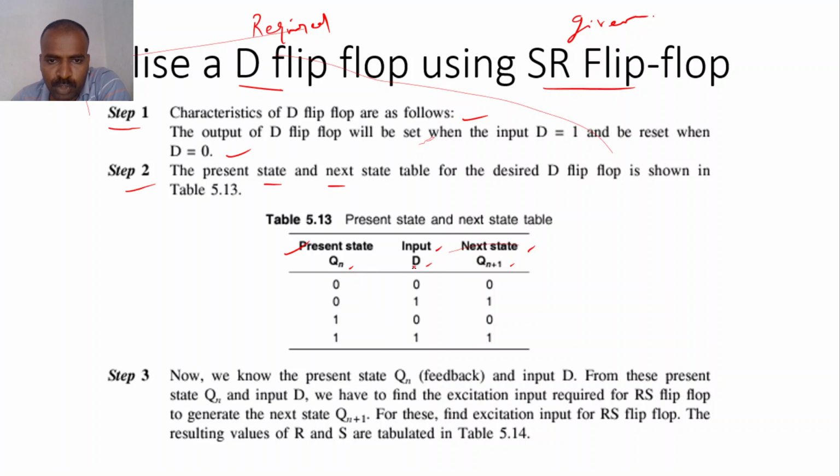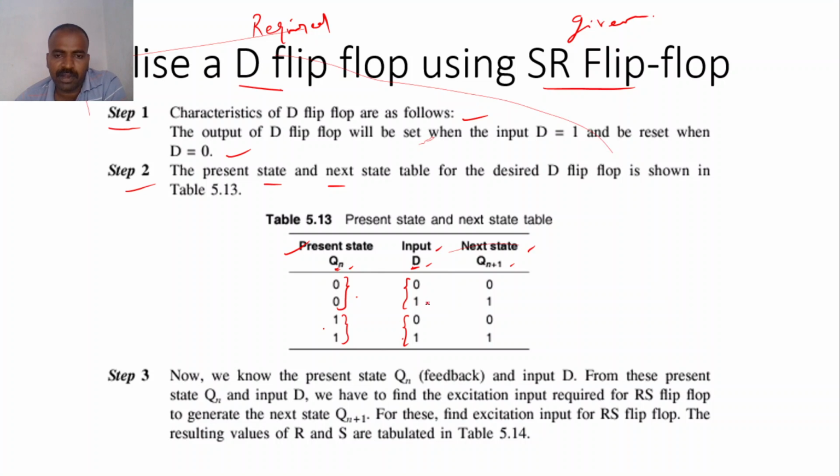The input is D, a single variable, so two combinations are possible: 0 and 1. The present state is also a single variable, so we need to represent two conditions, 0 and 1. For the first 0, 1 set, I consider the present state as 0, and for the second set, I consider the present state as 1.